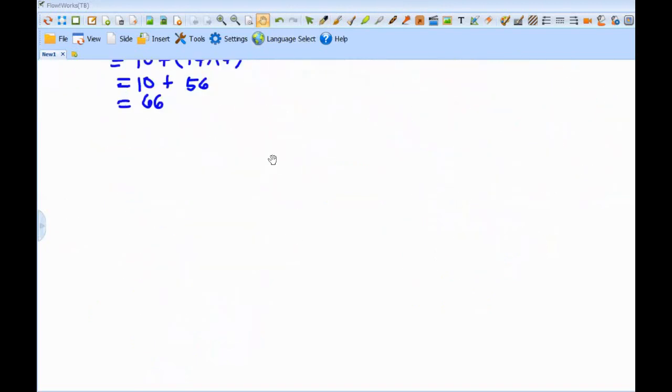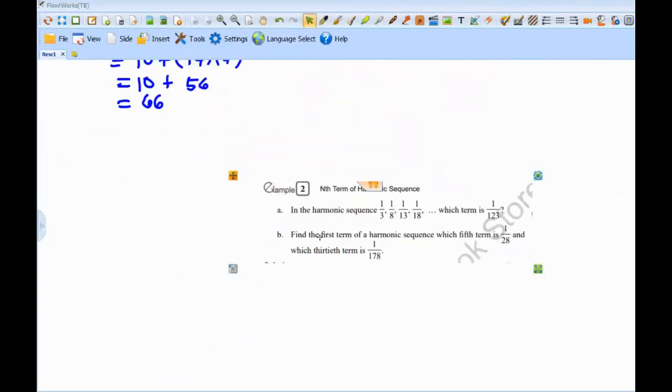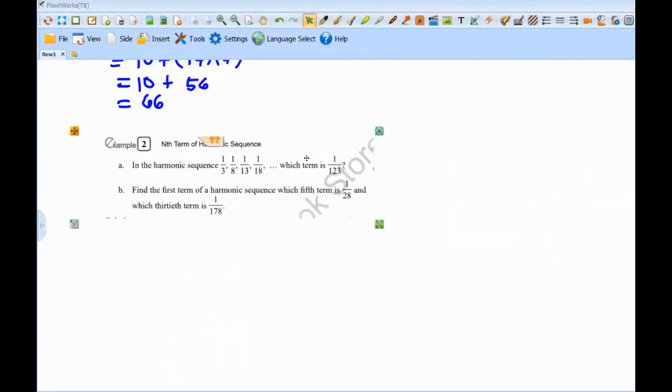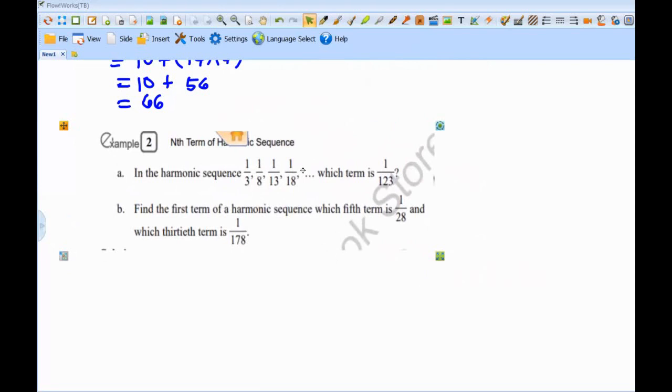Okay, so when we have the next example like this, the nth term of the harmonic sequence. In the harmonic sequence 1 over 3, 1 over 8, 1 over 13, 1 over 18, which term is 1 over 123?